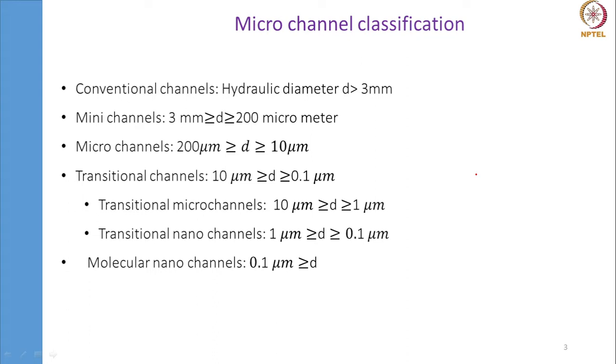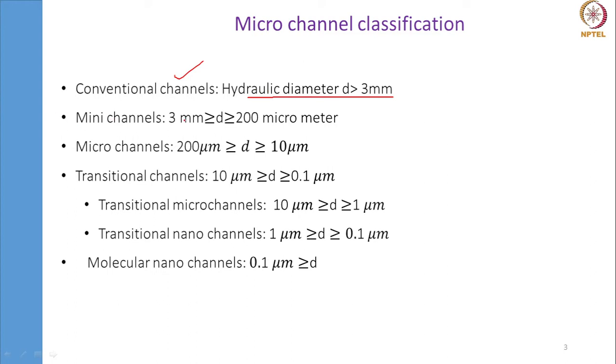However, there are some other definitions also which are widely accepted based on a few dimensionless numbers such as Boiling number, etc. So the definition of conventional channel is something like this: if the hydraulic diameter of the channel is more than 3 mm, then we call that geometry a conventional channel or a conventional tube.